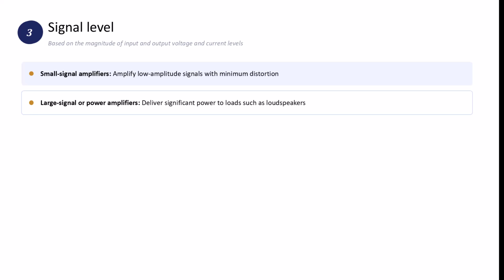The third classification is based on signal level, the magnitude of the input and output voltage and current. Small signal amplifiers amplify low amplitude signals with minimum distortion, while large signal or power amplifiers deliver significant power to loads such as loudspeakers.